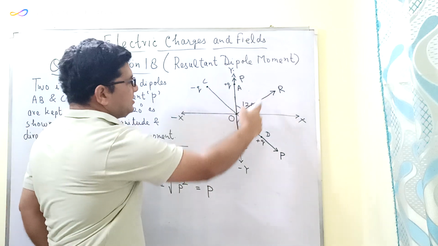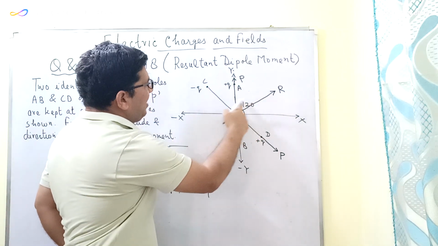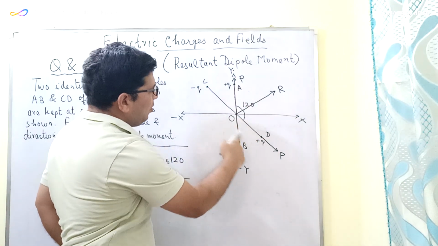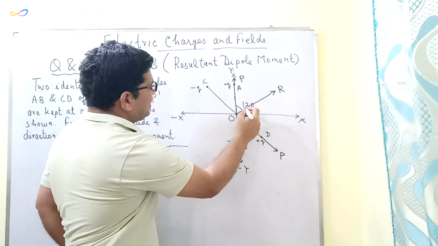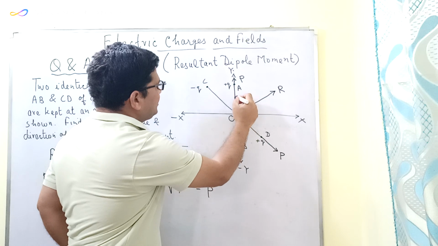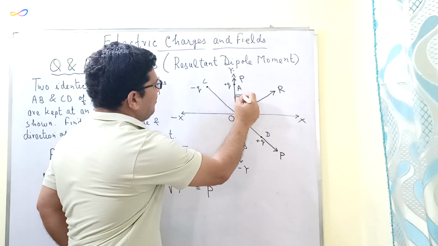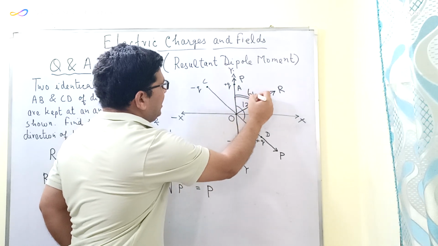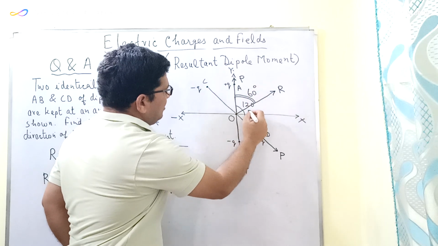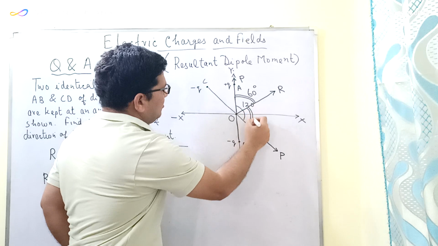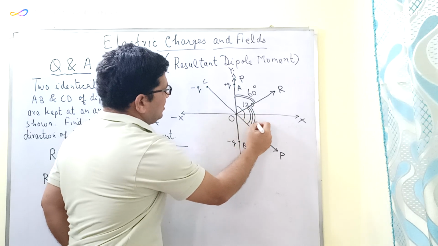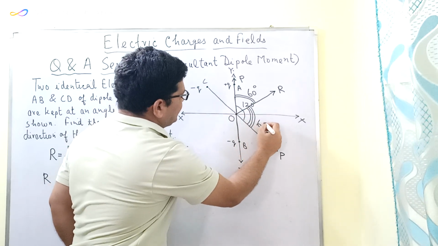So the direction of the resultant dipole moment will be like this. It will be pointing in this direction, and it will be bisecting this angle AOD. And so if it is bisecting this angle AOD, this angle which I am marking here will be equal to 60 degrees, and this angle will also be equal to 60 degrees.